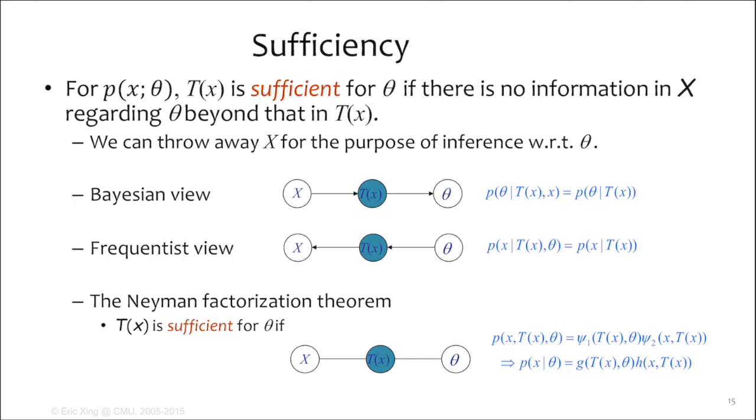You can also view theta as a parameter. A frequentist will tell you that if I have the information about the sufficient statistic of x, I can basically draw the distribution without knowing the parameters.